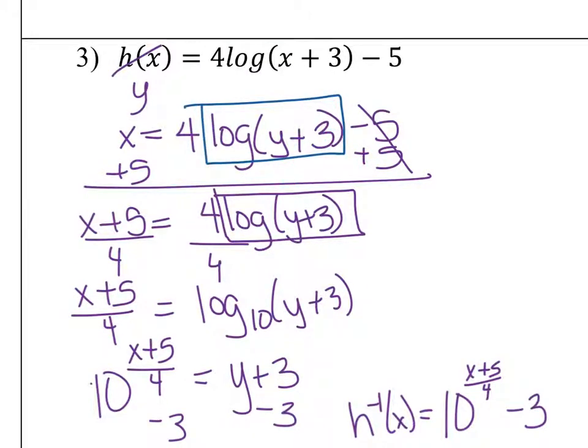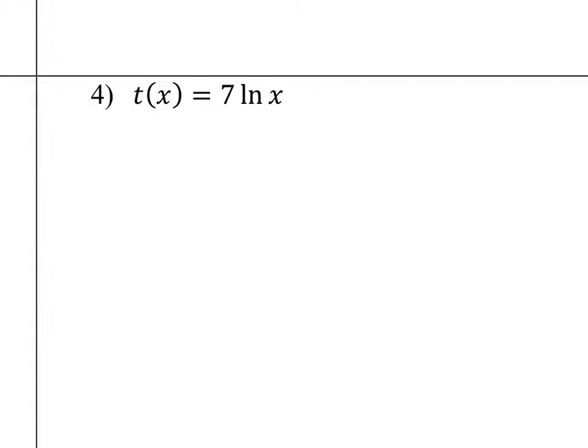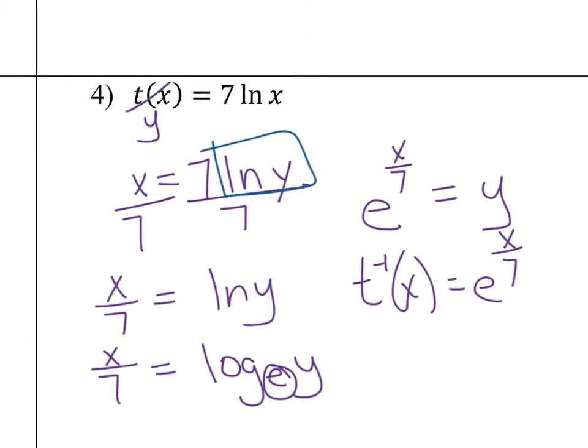So I had to add the 5 and divide by the 4 before I could do the log switch. There was no value on the log here, so you had to remember that was 10. When there's no number there, it's log base 10. So it's 10 to the x plus 5 over 4, plus 3, and I subtracted 3. That is all. Pretty fantastic. So try this one, and we'll be right back.